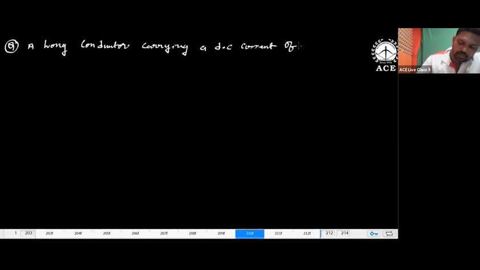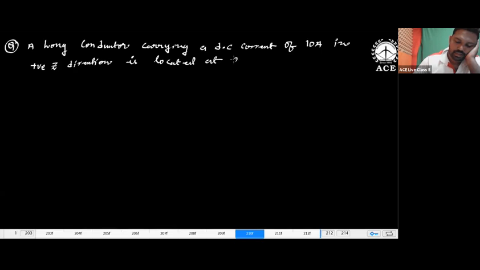A long conductor carrying a DC current of 10 amperes in positive Z direction is located at x is equal to 3 meters, y is equal to 4 meters.